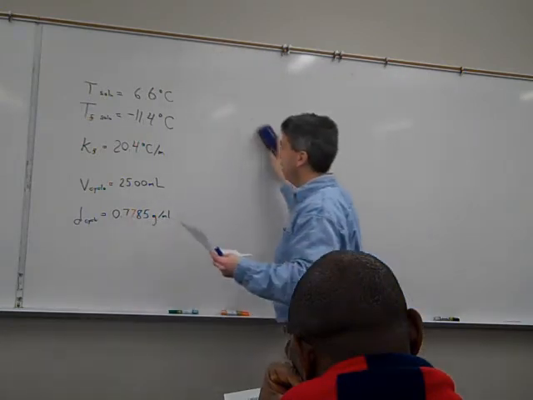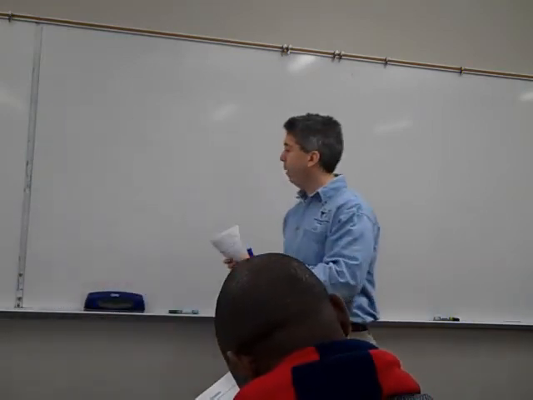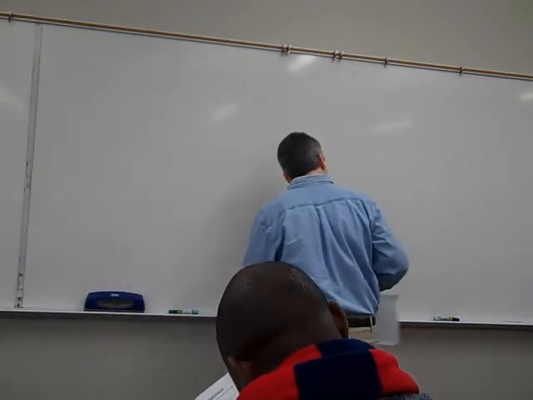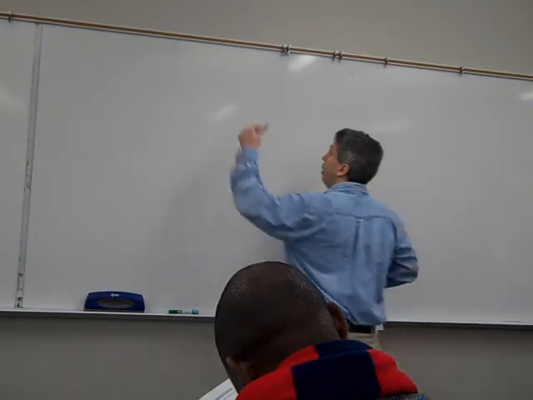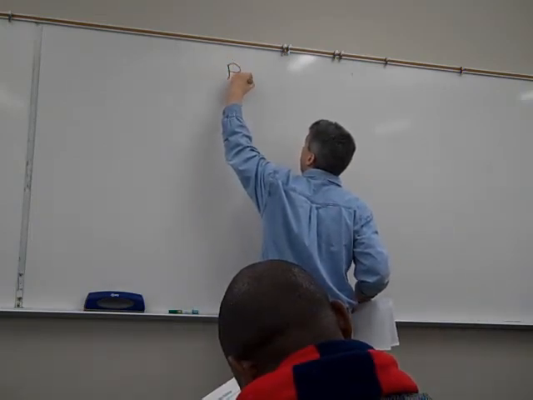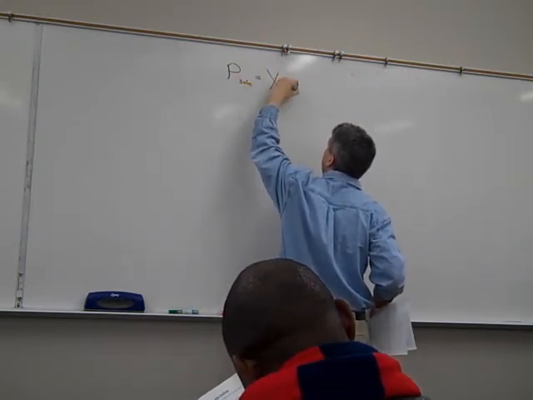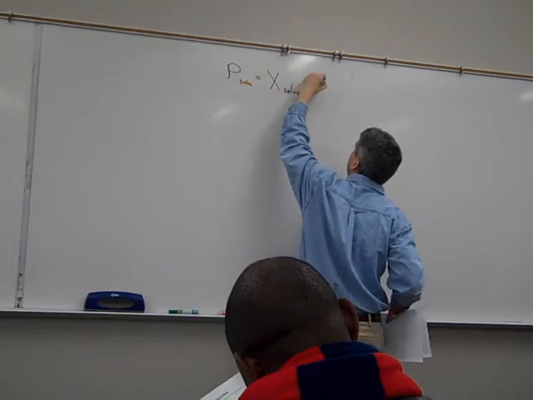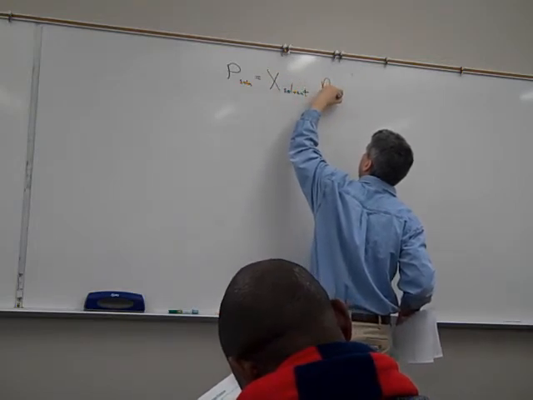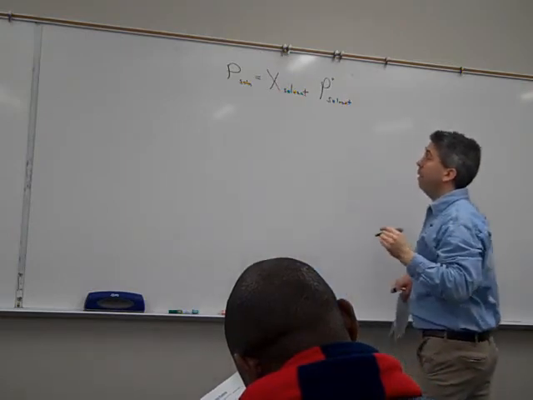So, once again, since it's vapor pressure, in this case we're using Raoult's law, which says the vapor pressure of the solution is equal to the mole fraction of the solvent times the vapor pressure of the pure solvent. Now, here's the thing.